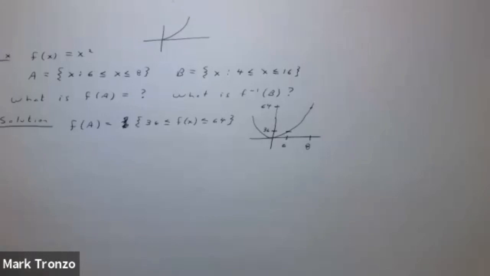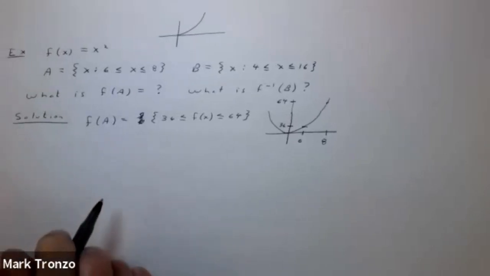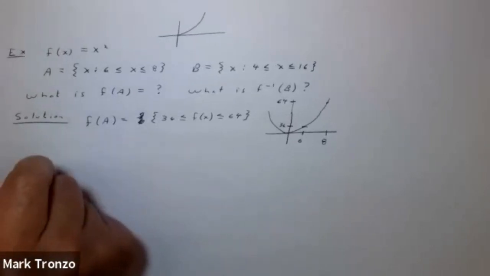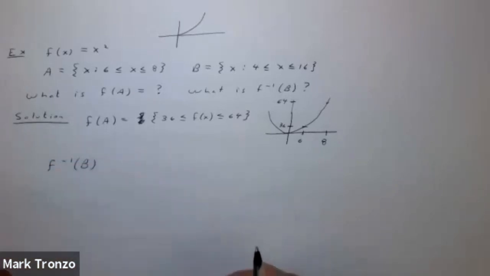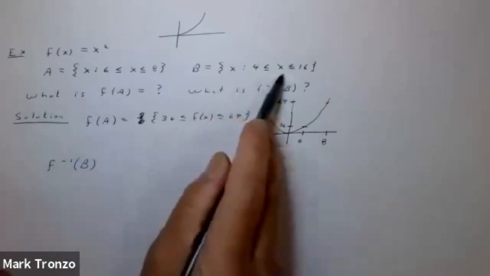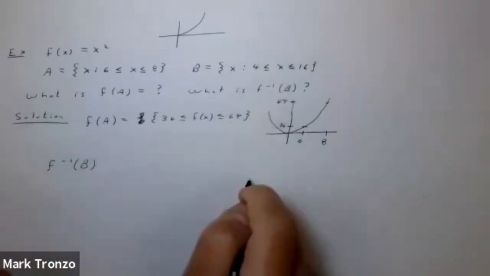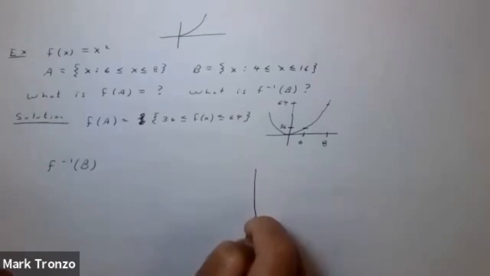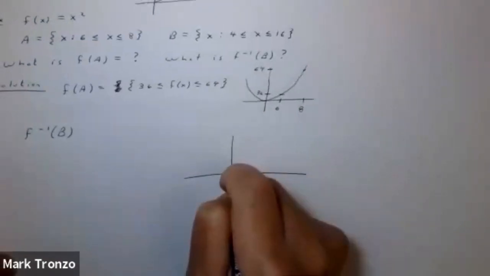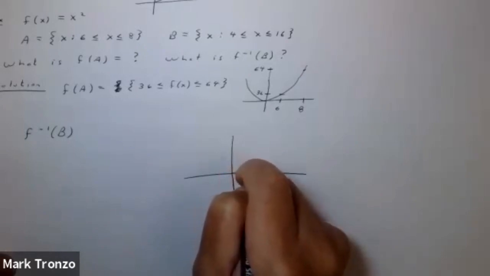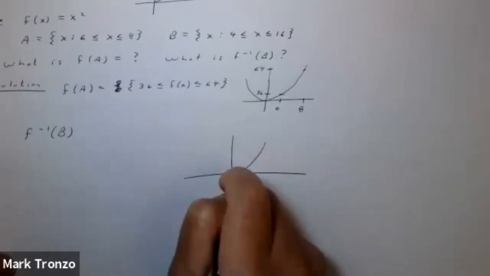Now, the other one's a little bit trickier. Let's do the inverse of B, so the inverse image. These are values here. We have our function, and let's say it looks something like this.